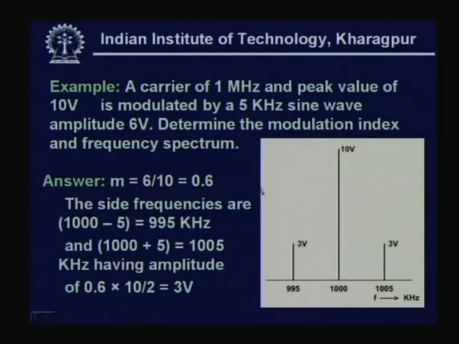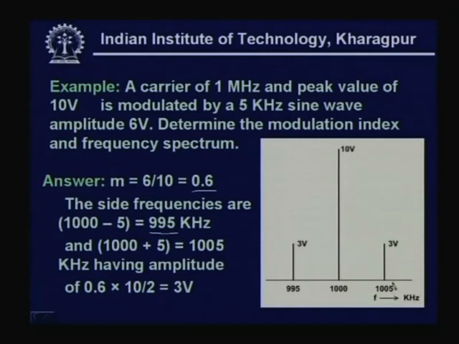So, this is shown in this particular diagram. Here we see the modulation index as we calculated, 0.6, and the side frequencies are 995 kilohertz and 1005 kilohertz. Since we are modulating with a sinusoidal signal, the other frequencies are not there; we shall get 3 frequency components: 995 kilohertz, 1000 kilohertz and 1005 kilohertz.